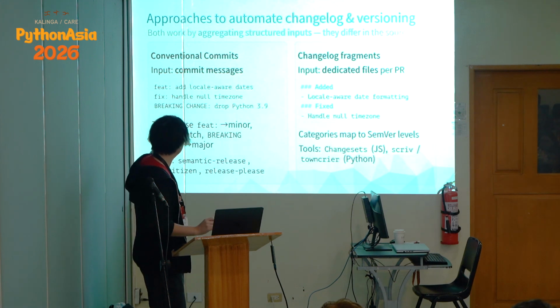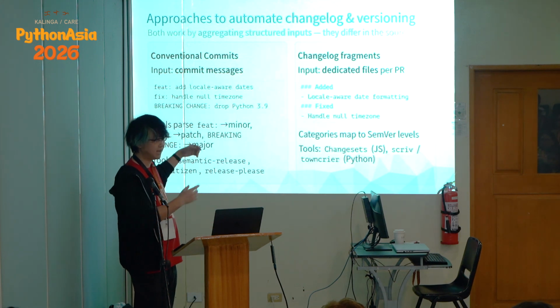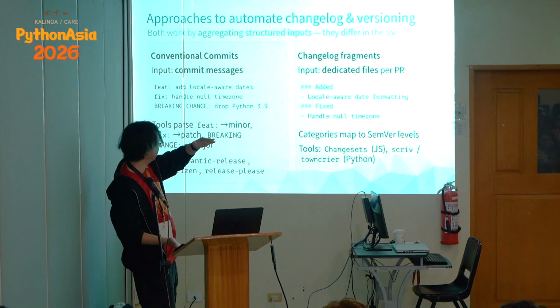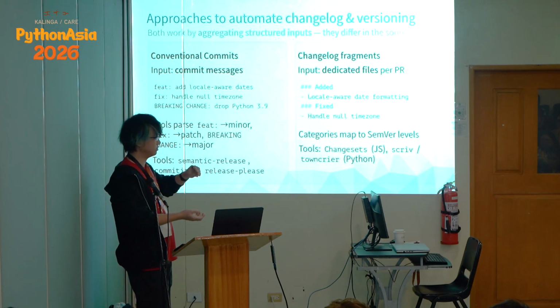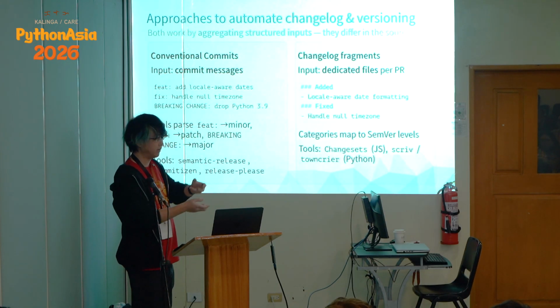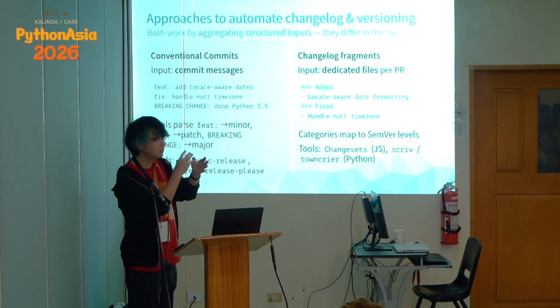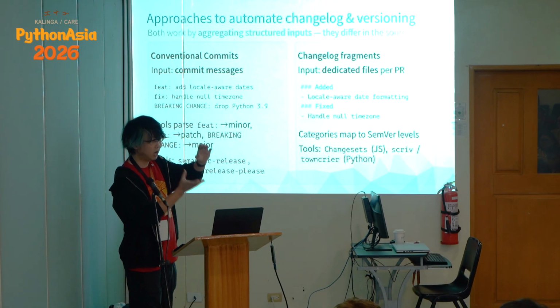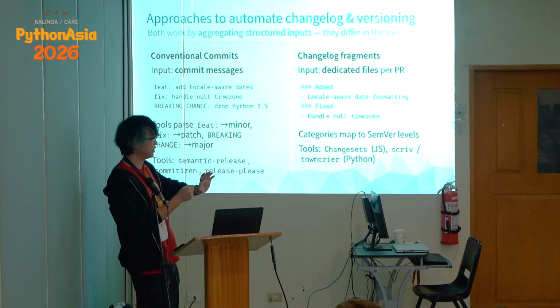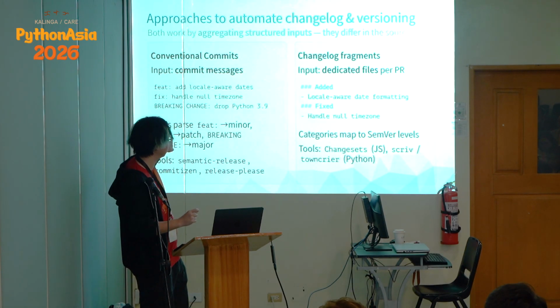Then tools like semantic release will aggregate all the stacked git commit messages to generate the new set of changelog documents and calculate the next version based on these prefixes.